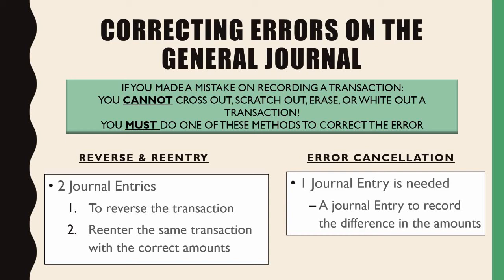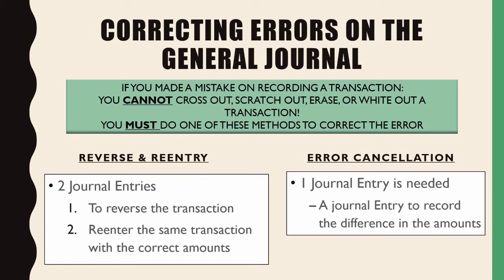So that is why we have two different methods when it comes to correcting journal entries. Now, the easiest one is going to be the reverse and re-entry. And this is the most common one, especially for beginners, so that it's visible to you.